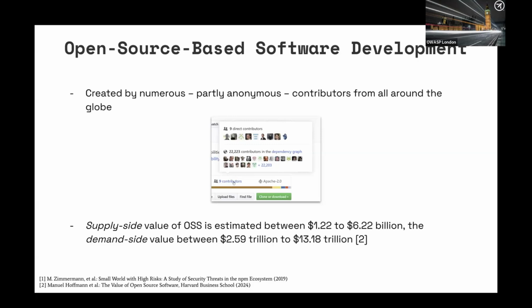Supply side value of open source means that if all the open source that is out there would be redeveloped, this is how much money we would need to spend. And the demand side value is estimated at 2.59 trillion to 13 trillion. Crazy numbers. Demand side value means if nobody would use open source at all, but everybody would just develop this functionality all in-house.